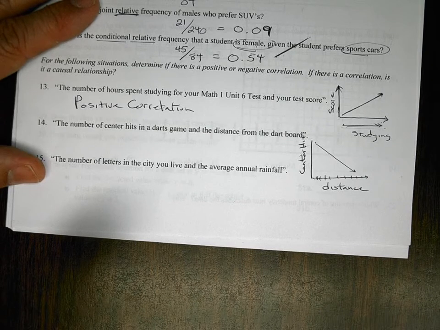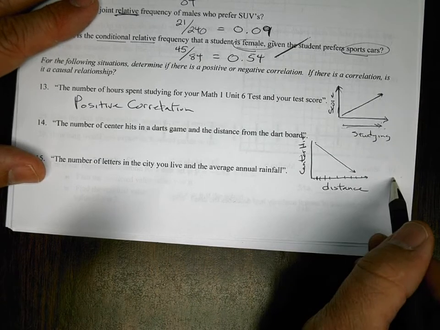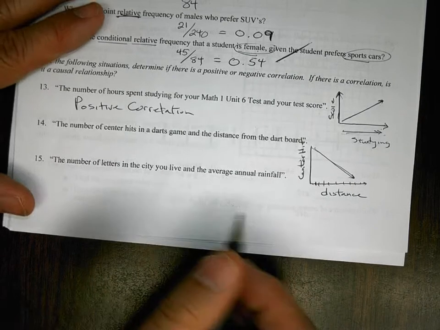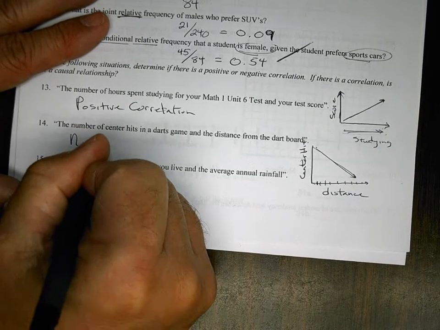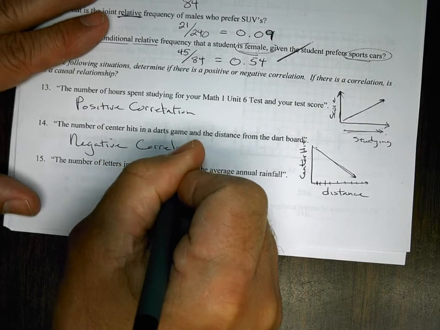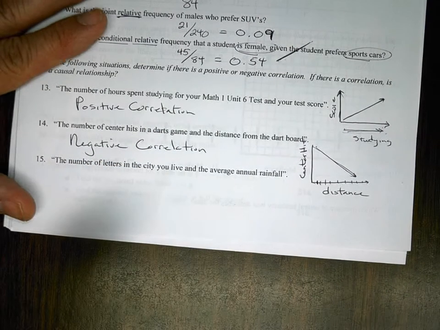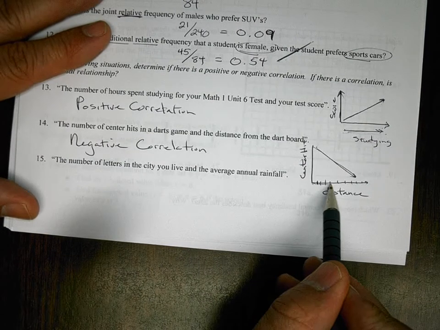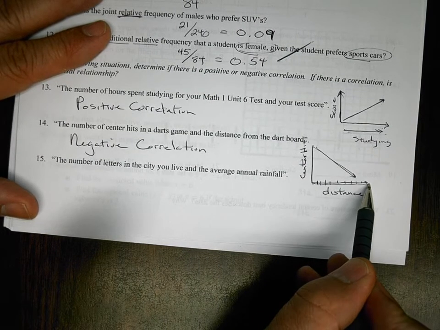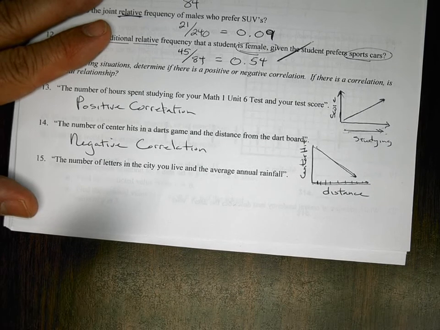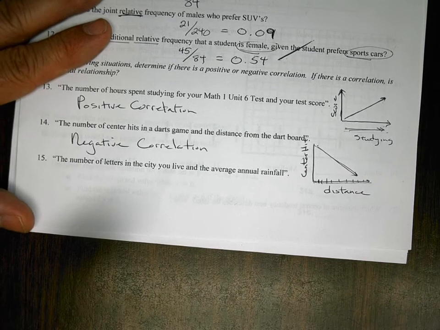So the further you are from the dartboard, the harder it is to get a center hit. That would be an example of negative correlation. And it is causal, right? There's a causal relationship. The further you get from the dartboard, the harder it is to hit center. So the distance is causing you to do worse, isn't it? So there's a causal relationship.